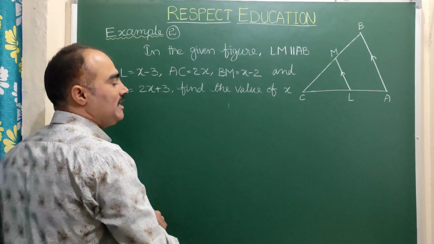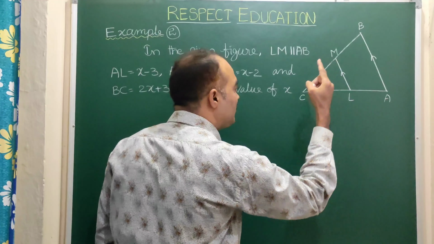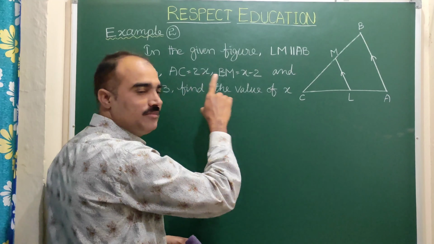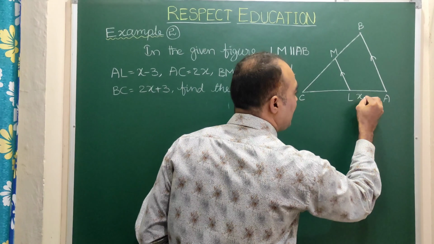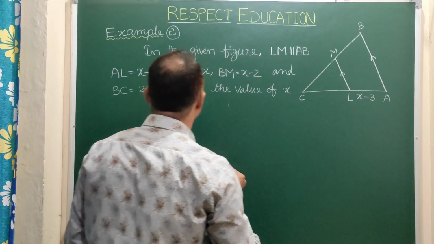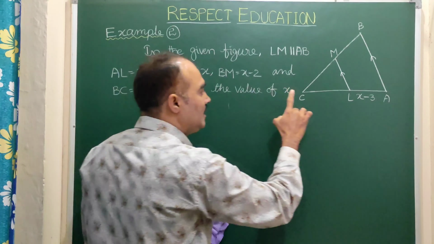AL equal to X minus 3. So let us note down these values in the given figure. Here this is A, this is L. So here AL is X minus 3. AC is equal to 2X. So A to C, this full distance is 2X.